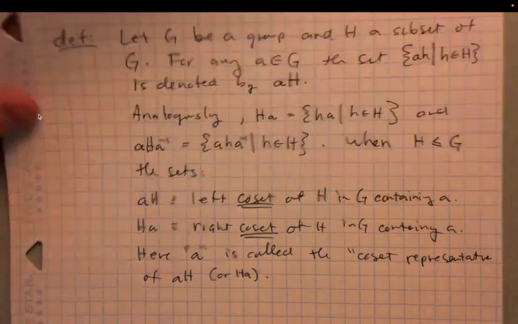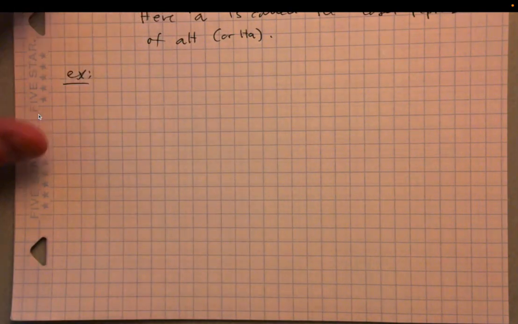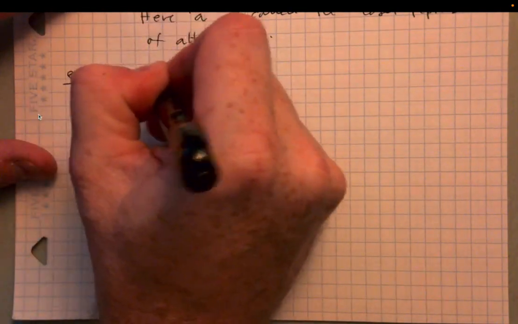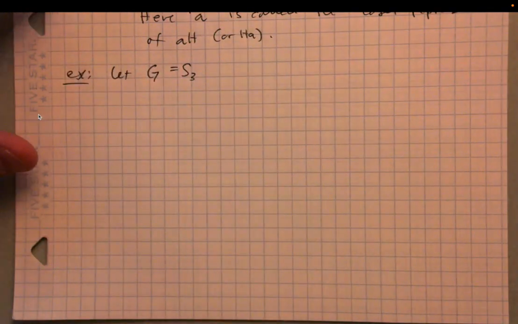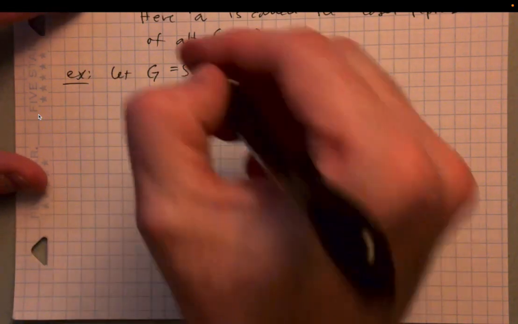Now let's do an example to see if we can make some more sense of this. Let the group of interest equal S3. What is S3?